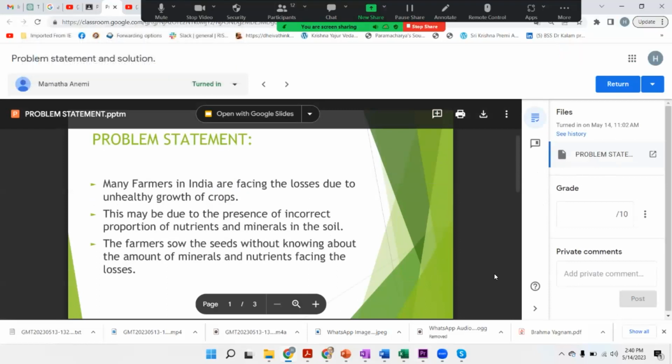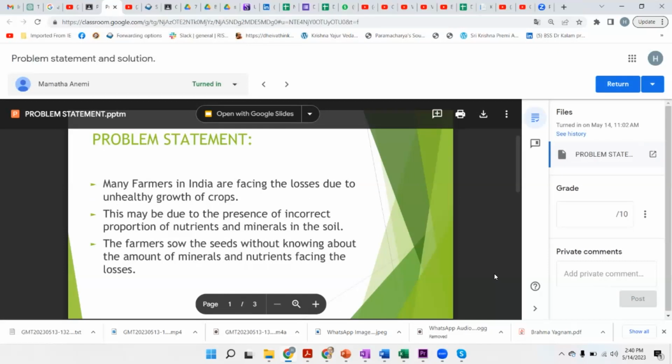As we all know, farmers in India are facing so many losses due to various reasons. As far as I know, one of the main reasons is the unhealthy growth of the crops. For the healthy growth of the crops, there should be a certain amount of moisture, minerals, and nutrients present in the soil.